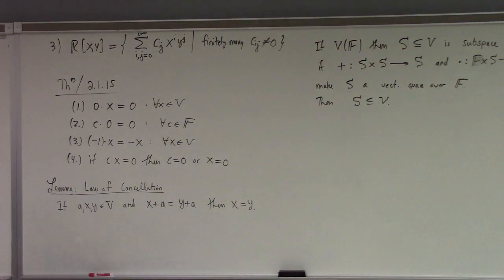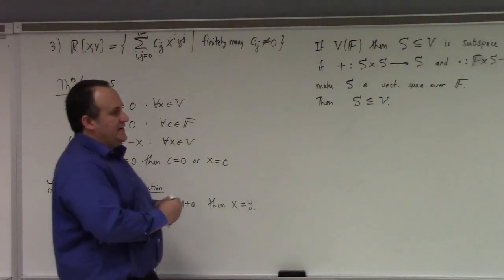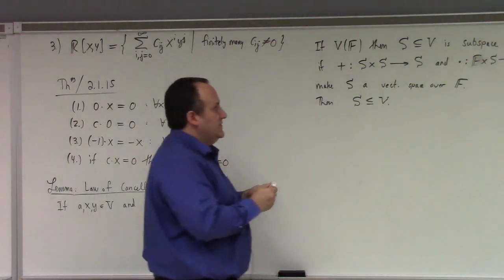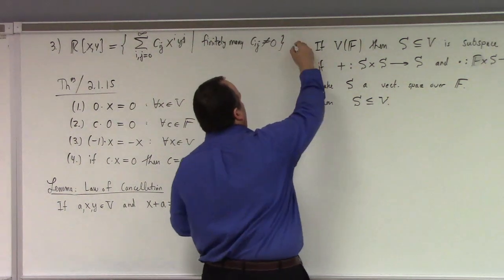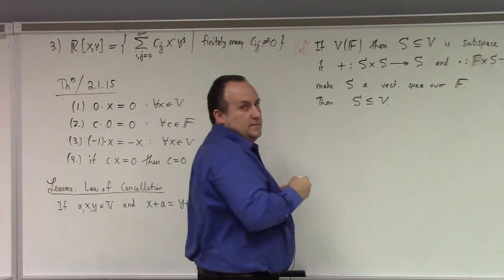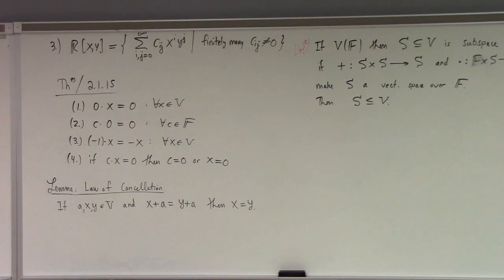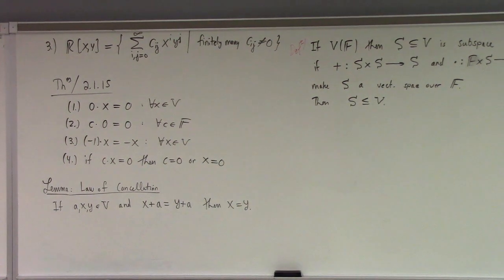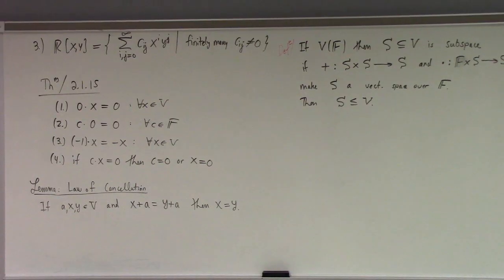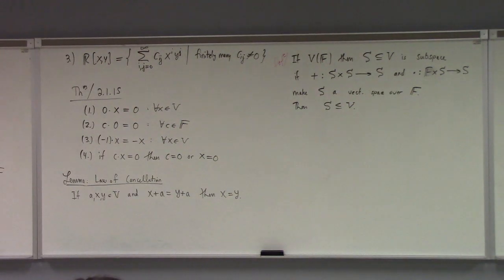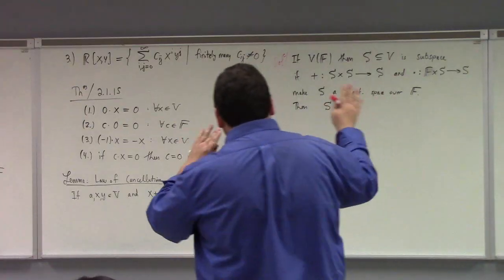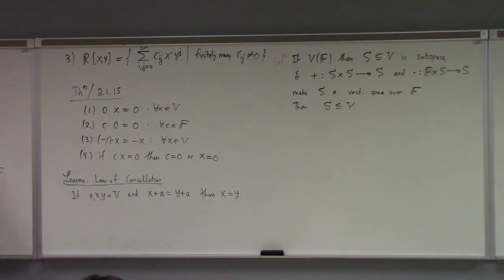Now, let me be fussy for a second here. I say plus and dot like that, right? But what do I really mean? Let me be a little bit more pedantic. So plus and dot are given for the vector space in this discussion, right?